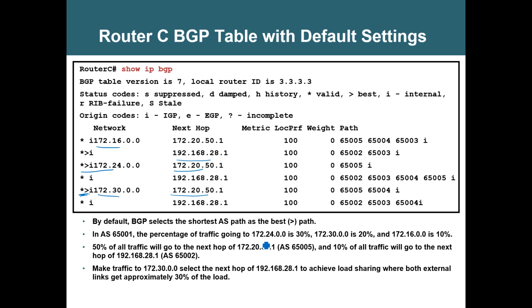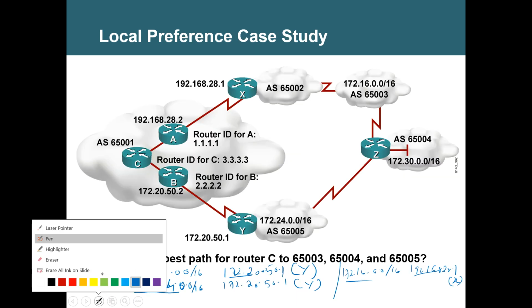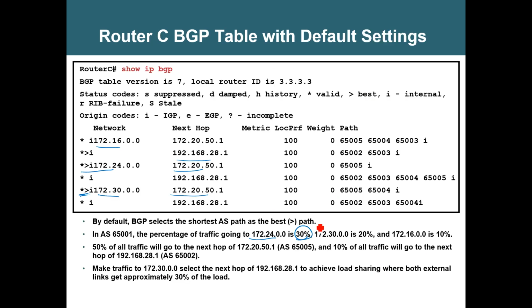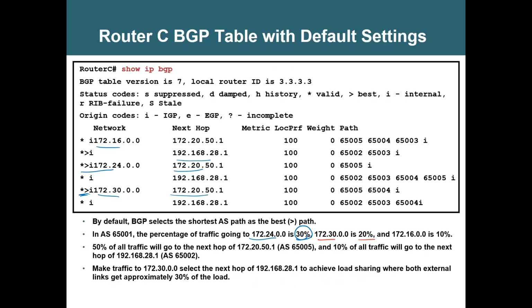They say at a given time 30% of traffic is to this destination, and to this destination 20% of traffic, and to this destination it's 10% of traffic.